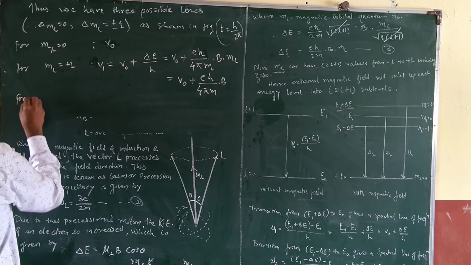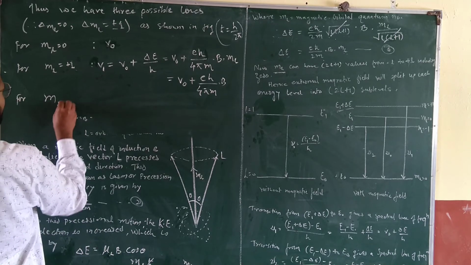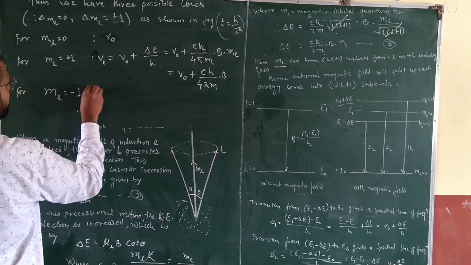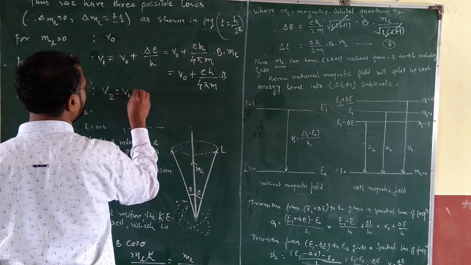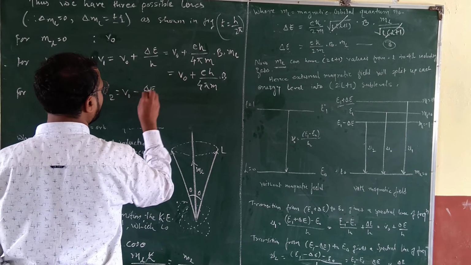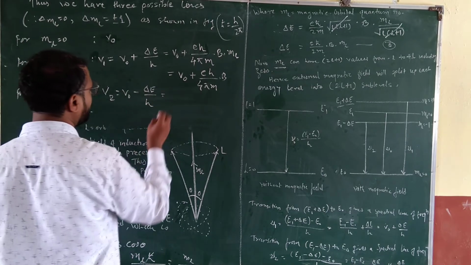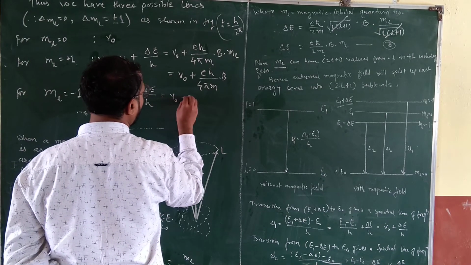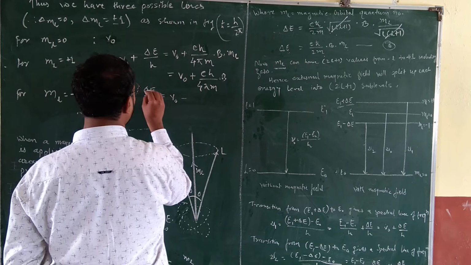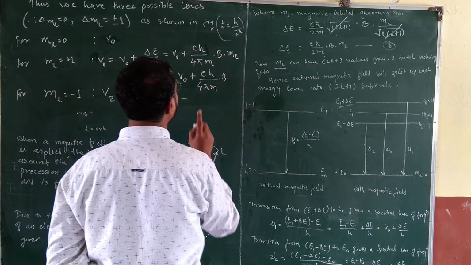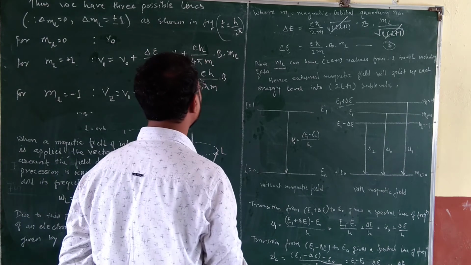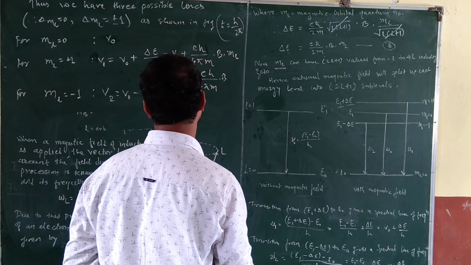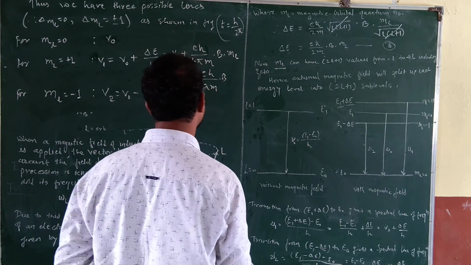For ml is equal to minus 1, what we get? That is v2, that is v0 minus del E upon h. And here v0 minus, what is the value of del E? That is e h cross upon 2m into B into ml.